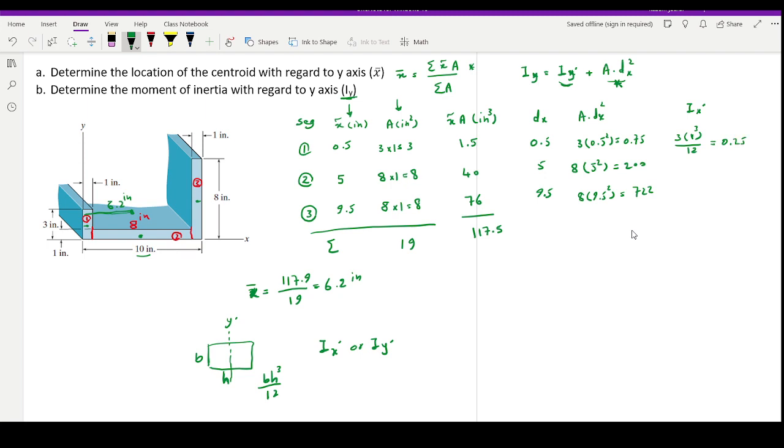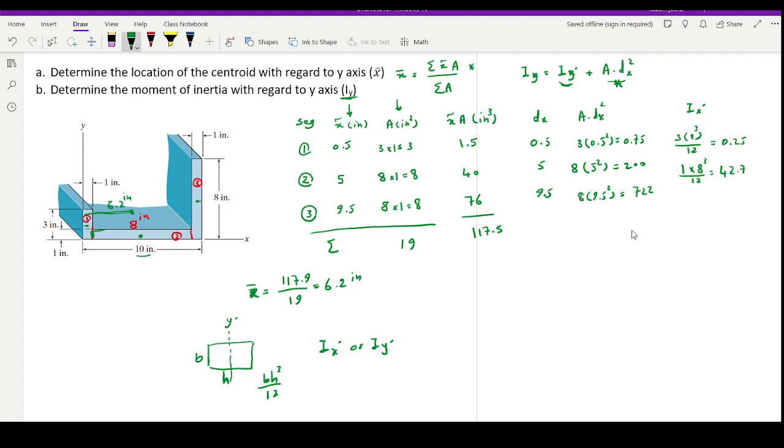The second one is going to be 1 times, because the second one is this one. Your base is 1 and height is 8. So 1 times 8 cube divided by 12, and you solve it, you will get 42.7.